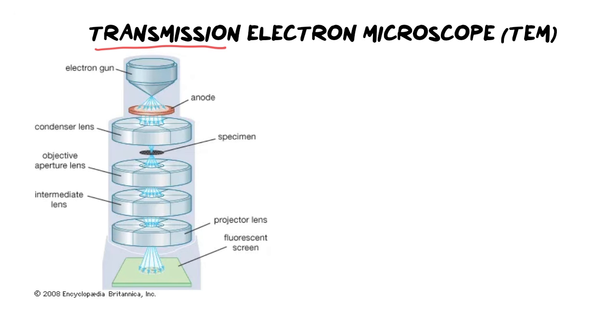A transmission electron microscope, or TEM, basically uses electrons. If you've forgotten, I just want to refresh your memory: in every single atom, you have a nucleus in the middle, and moving around it is the electron. So this is the electron on the outside.